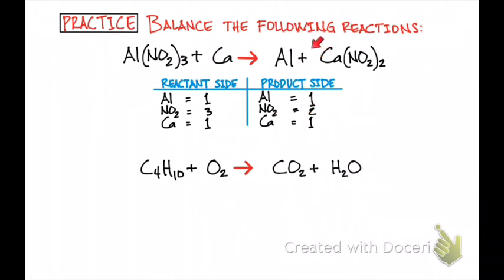So again, the least common multiple here is 6. So we can add a coefficient of 3 in front of calcium nitrite and then a coefficient of 2 in front of aluminum nitrite. So now we have a total of 6 nitrites and 3 calciums.